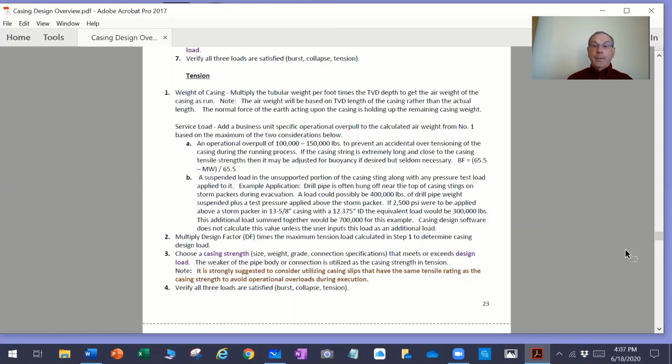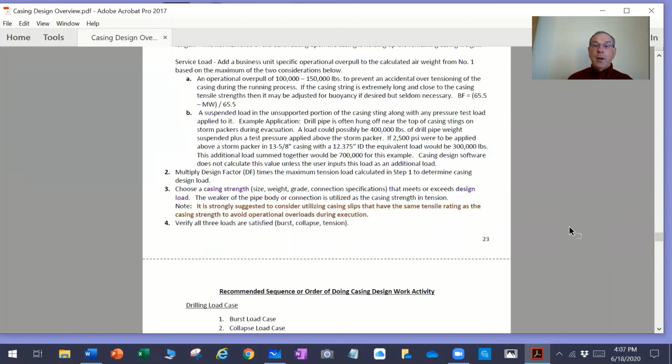And I've already mentioned other, I call them learning practices. Here's another one that I strongly encourage. I strongly suggest utilizing casing slips that have the same tensile rating as the casing strength to avoid operational overloads during execution.